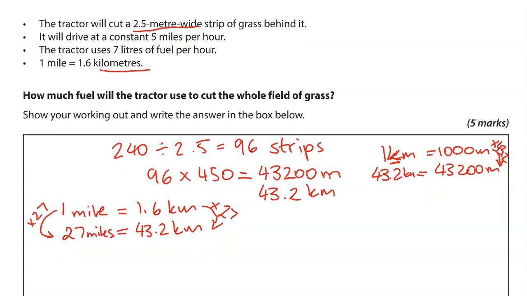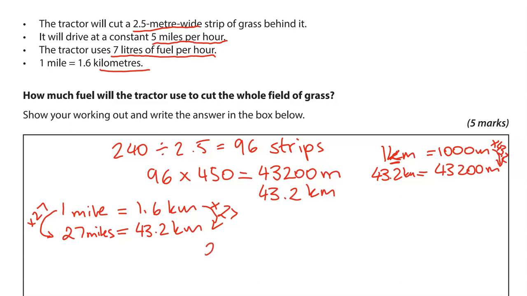We are also told that the tractor uses 7 liters of fuel per hour. But how many hours will 27 miles take? We've got here 5 miles per hour.